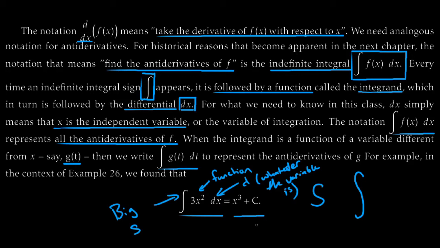And then on the other side, just write your answer, which should always include that plus c. It's a function that derives to this guy, and then you throw a plus c on there, so you have all of them. Okay, cool. Let's do some more.